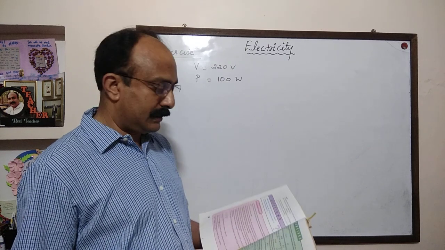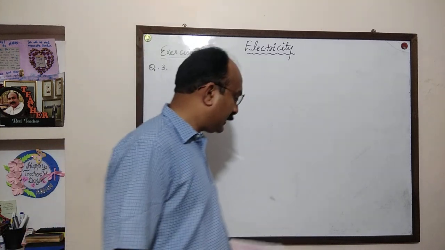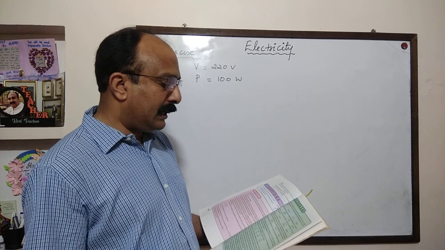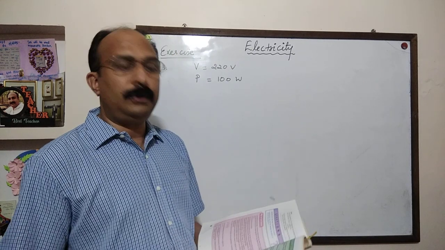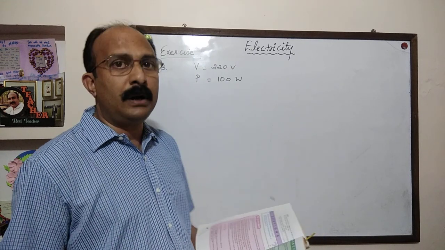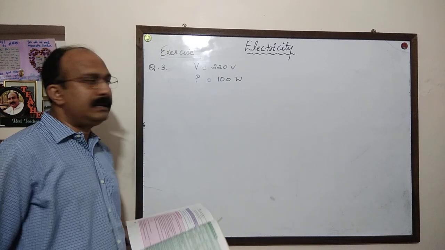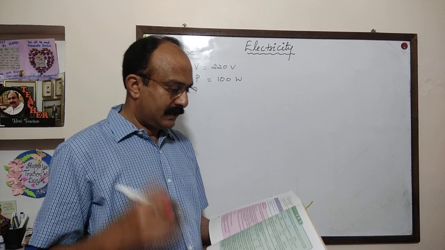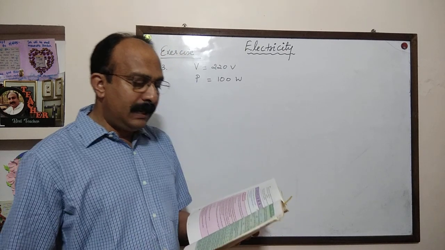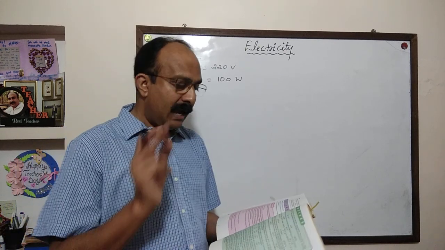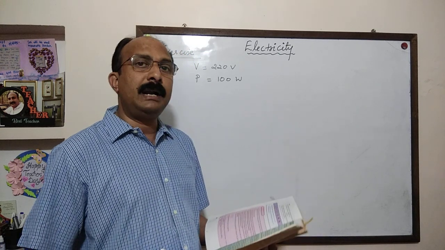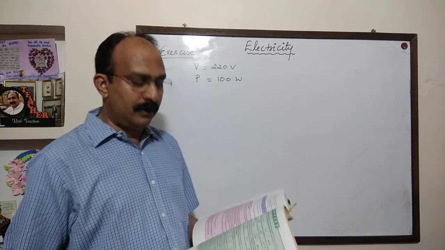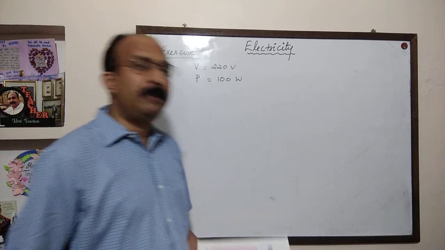Let us calculate it. An electric bulb is rated 220 volt and 100 watt, means power is 100 watt. It is operated on a 220 volt supply line. Question: when the same bulb is operated on another supply line with 110 volt, just half the voltage, what will be the power consumption?